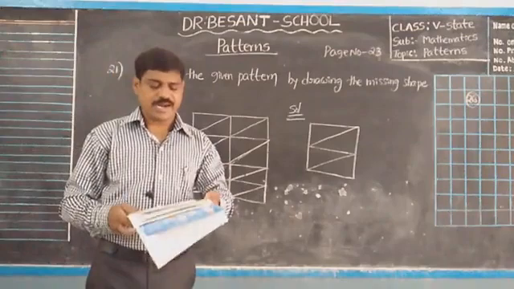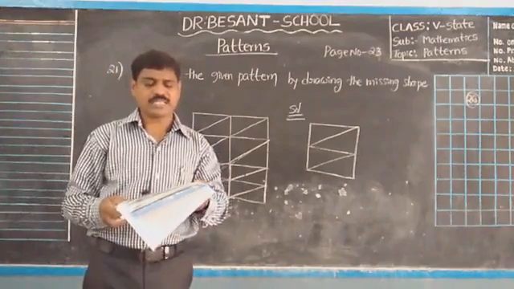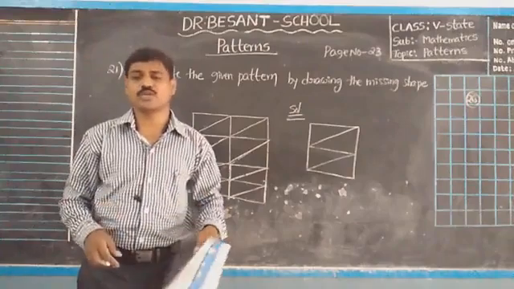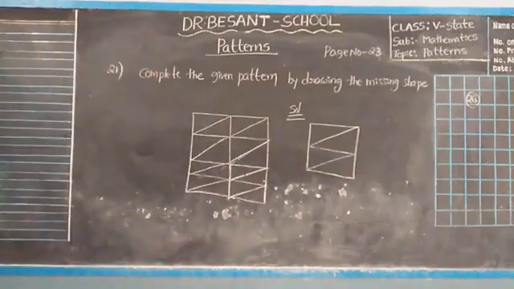Okay, children? Next, circle the shape that breaks the pattern, question 22. Okay, children? Once you see.